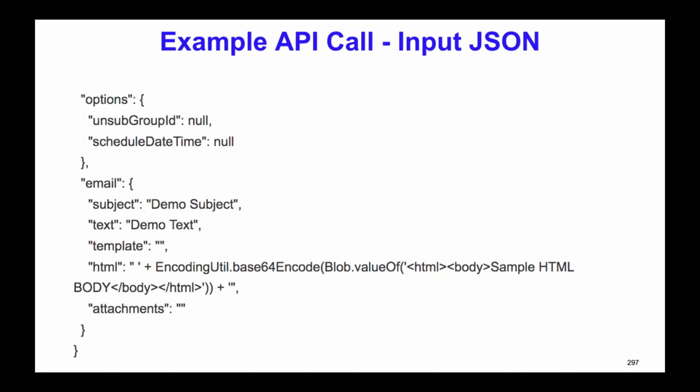Otherwise, it's considered a global unsubscribe option. At the same time, you can pass the scheduled date and time. If it is not scheduled at any specific date and time, you just leave it blank or send null.